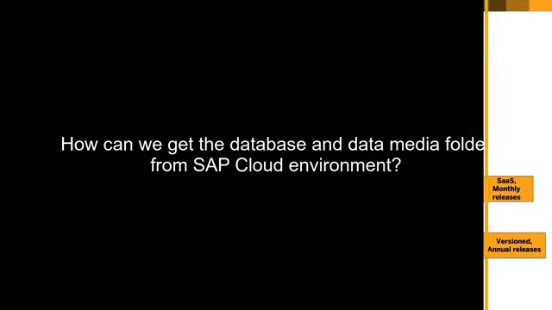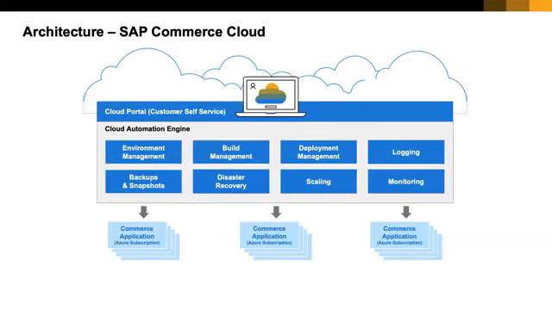How can we get the DB dump plus data media folder from a SAP cloud environment? This may be needed to set up local or any hosted environments. For the database and media, we provide a snapshot feature. If you want to move database and media between your environments in CCV2, you don't need to take the DB dump or the media from CCV2.